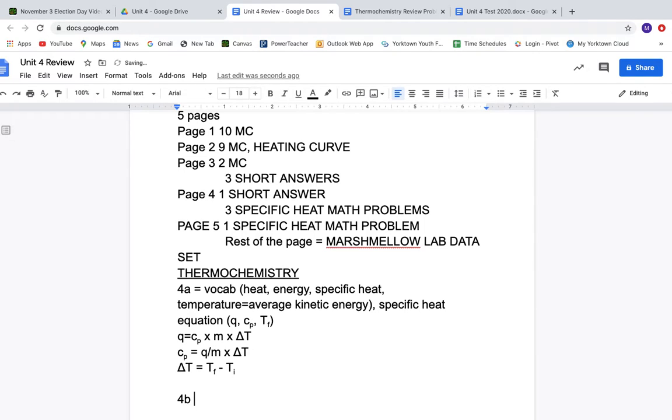4B was very simple. The KMT, the kinetic molecular theory.